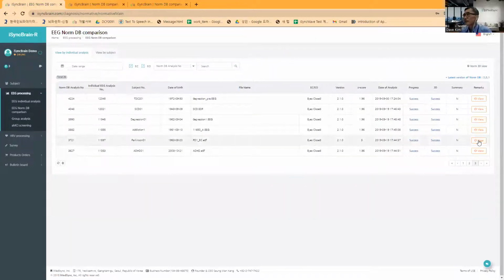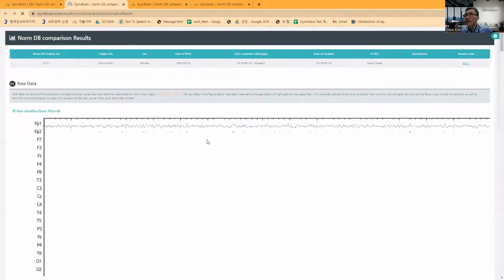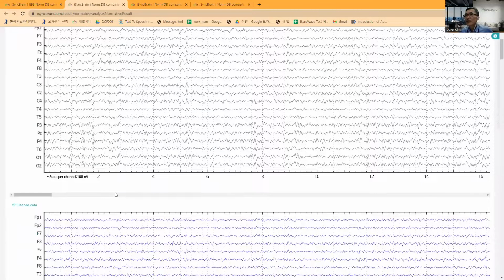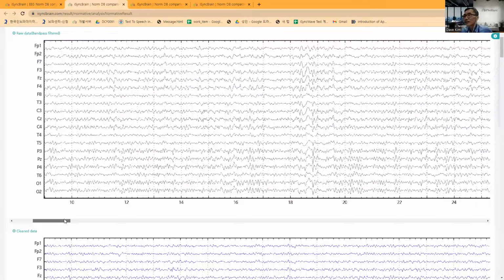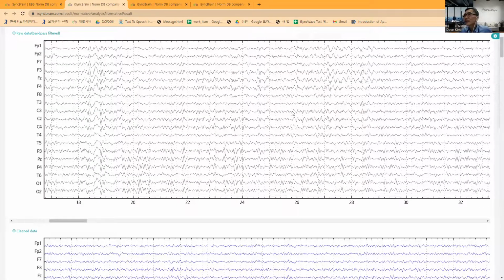This is her EEG, and this is the raw data. You can see a lot of theta rhythm here. This is the alpha activity in the back of the head, and a lot of theta activity in the frontal area.